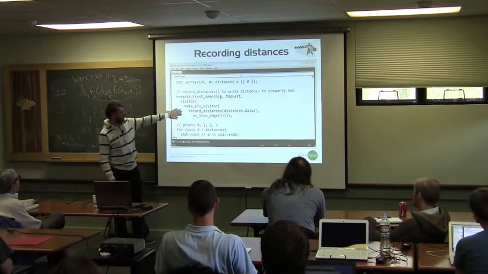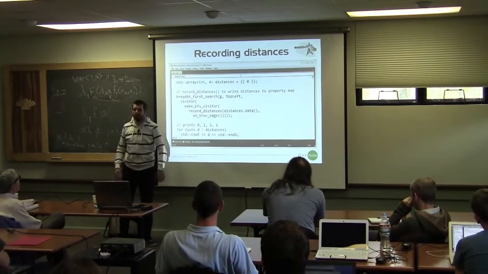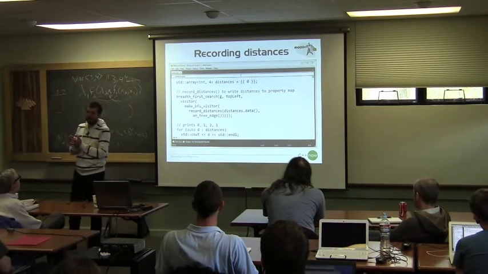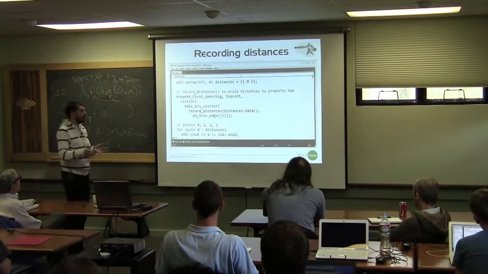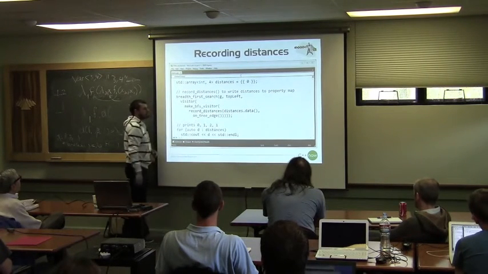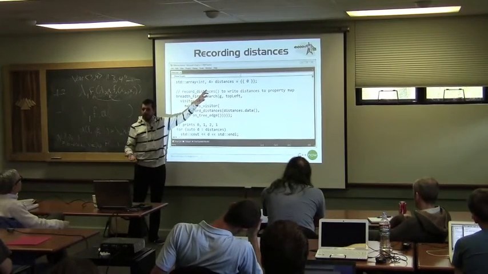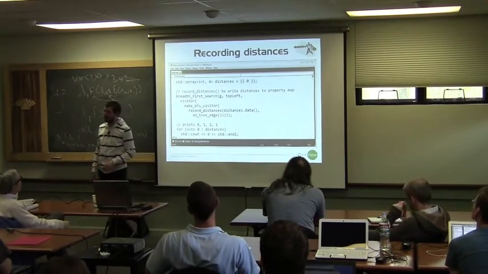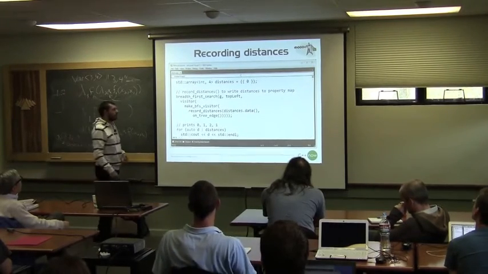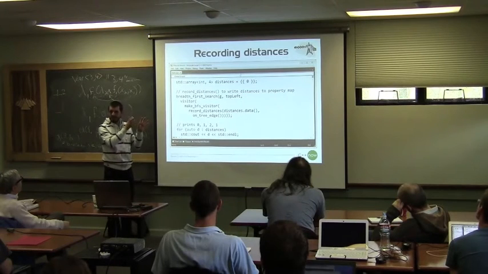Let's have a quick look at record distances. How does this thing work? Record distances needs to put the distances found somewhere. So what I do here, I pass an array to record distances. It is important that this array has also 4 elements, because my graph has 4 elements. What I also need to do, I need to configure again that visitor somehow. You remember that event filter thingy?